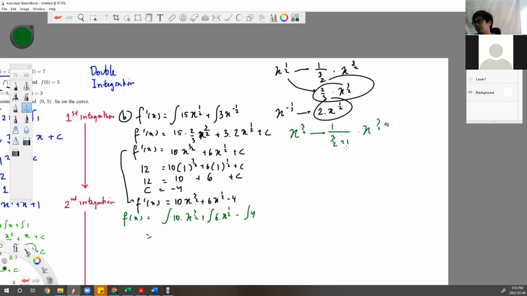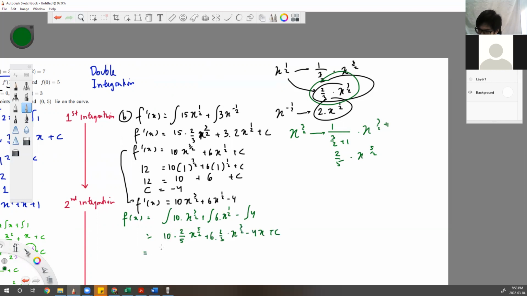This is 5 over 2, 2 over 5, x power 5 over 2. I'm angry right now. 5 over 2 plus 6, x power half. Okay, we get this: 2 over 3, x power 3 over 2, minus 4x plus c, right?